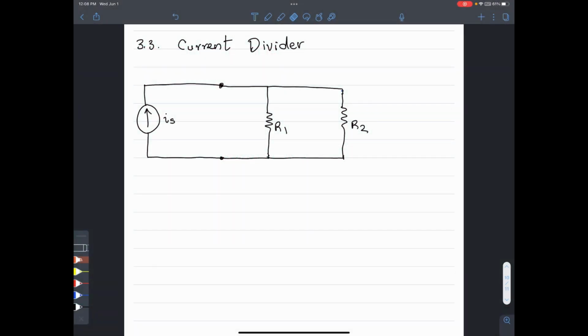Now, let us look at what is called a current divider circuit. Simply, what we have is a current source that is connected to two resistances R1 and R2. And R1 and R2 are in parallel, right?